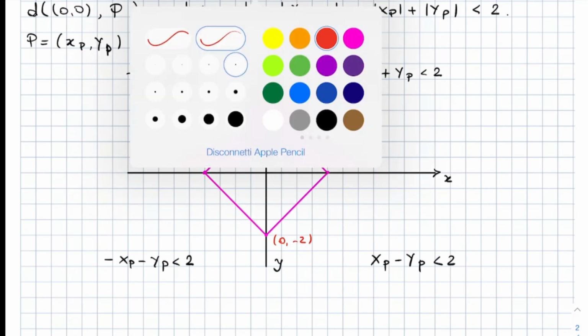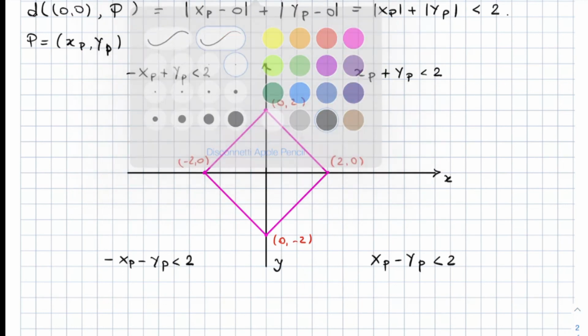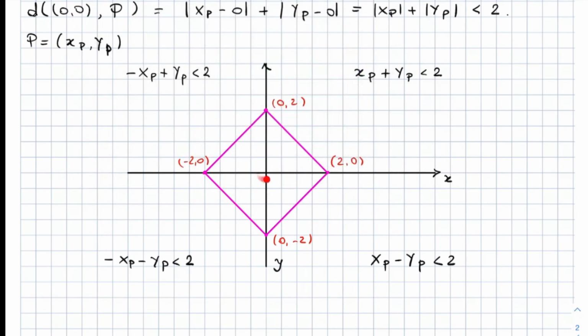Now, if we take the point 0, 0, which is this one, then it is true that 0 is smaller than 2. So this side of the line is the one where xp plus yp is smaller than 2. In the same way, 0, 0 satisfies this inequality, and this inequality.